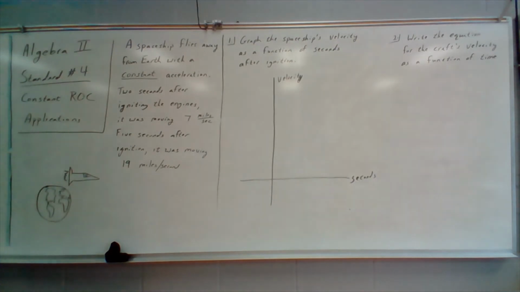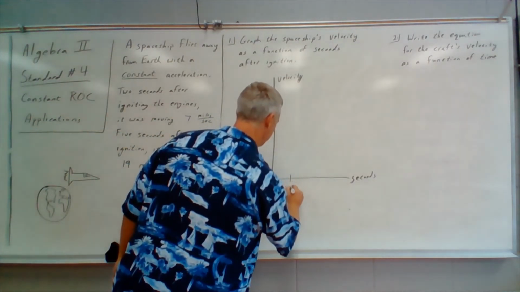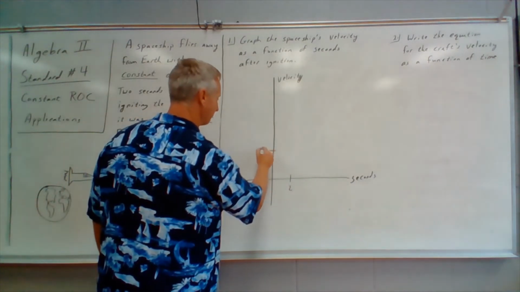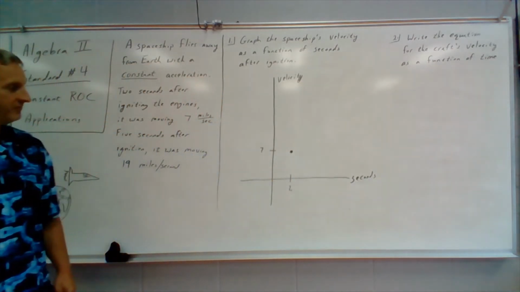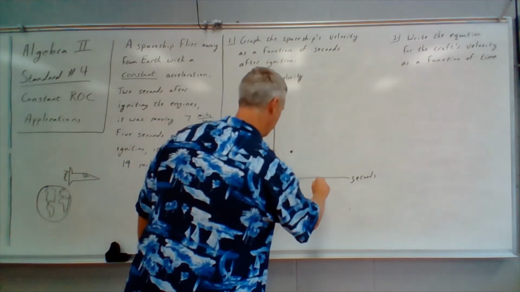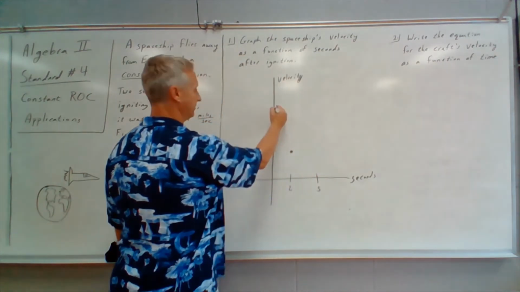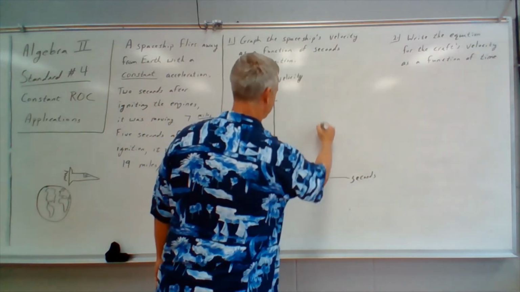At 2 seconds, here's 2. The spaceship was moving 7 miles per second. After 5 seconds, it's about here, it was moving 19 miles per second.